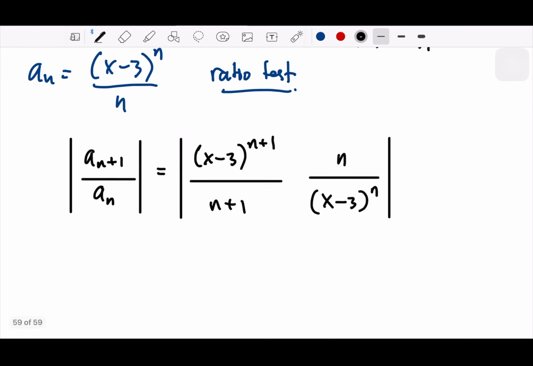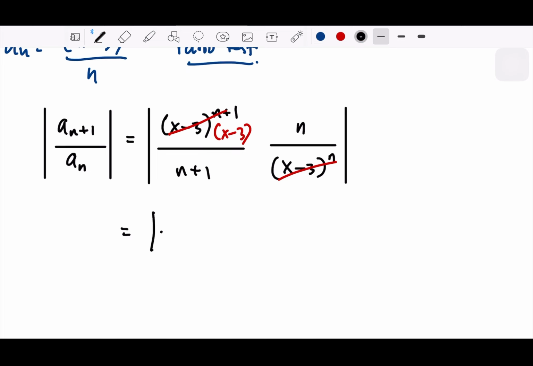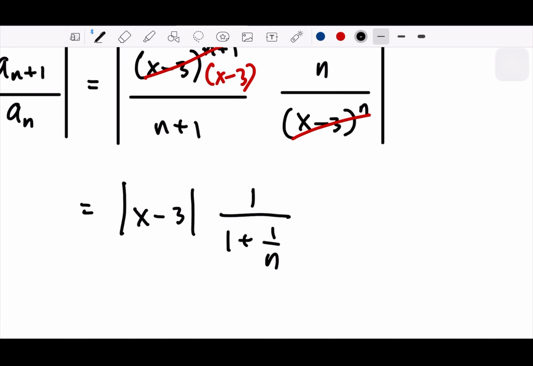We cancel this out, so this is x minus 3 times 1 over 1 plus 1 over n, right? And from here, if you take the limit for n, this will result in 1.